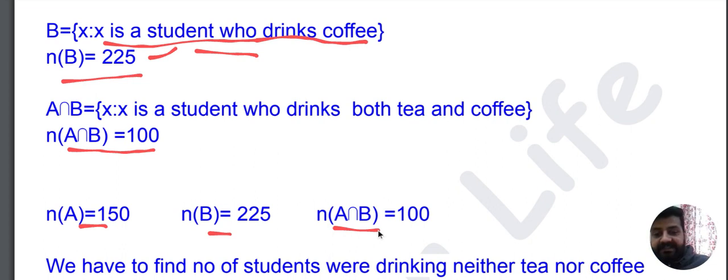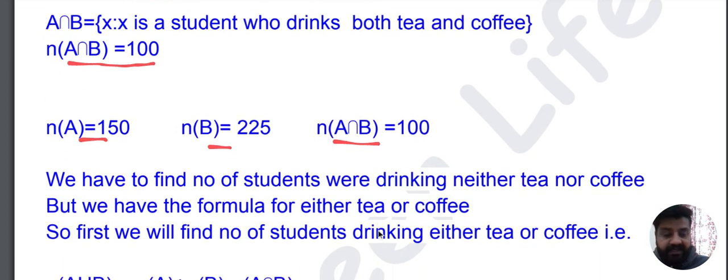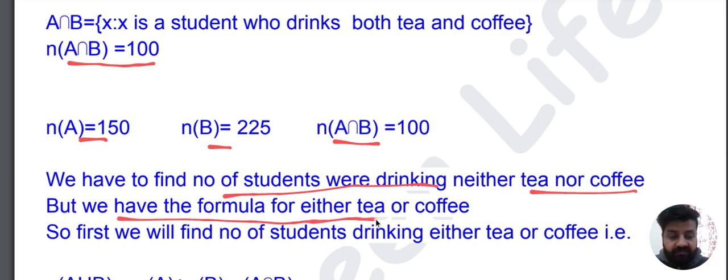Now we can easily find n(A union B). We have to find the number of students drinking neither tea nor coffee, but we have the formula for either tea or coffee, and that formula is A union B.